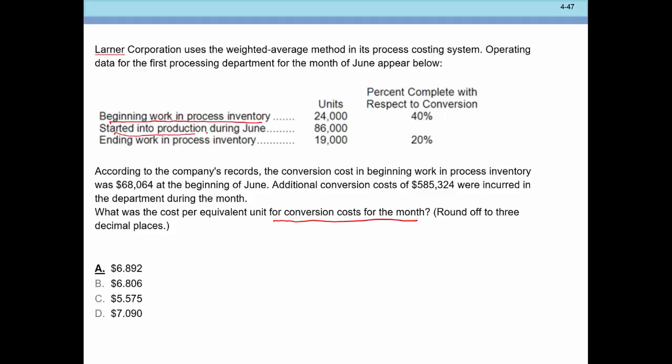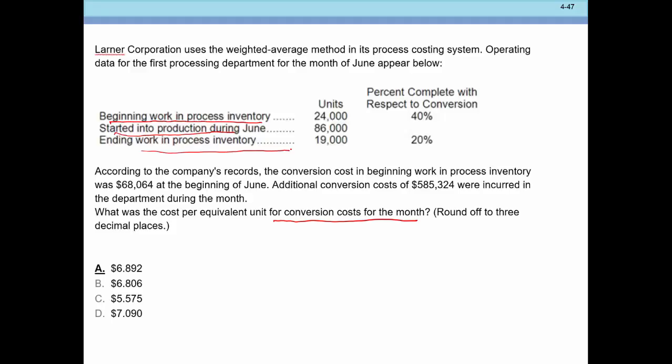Units started into production, 86,000. Ending work in progress, 19,000. Did they give me the units started and completed? Huh? Where? They did not give it to me. This is one of those harder ones where I've got to figure it out, didn't they? They gave me the units started, but they don't tell me the units completed.